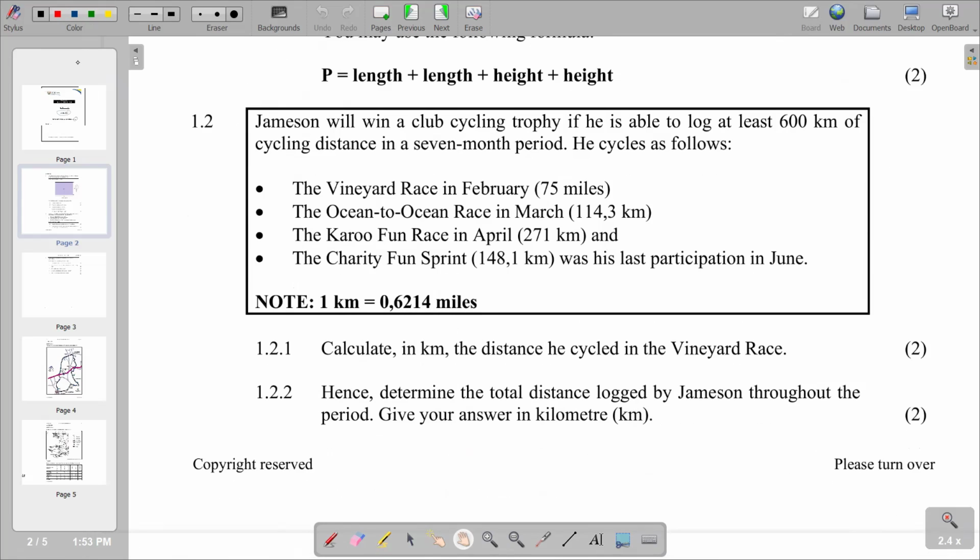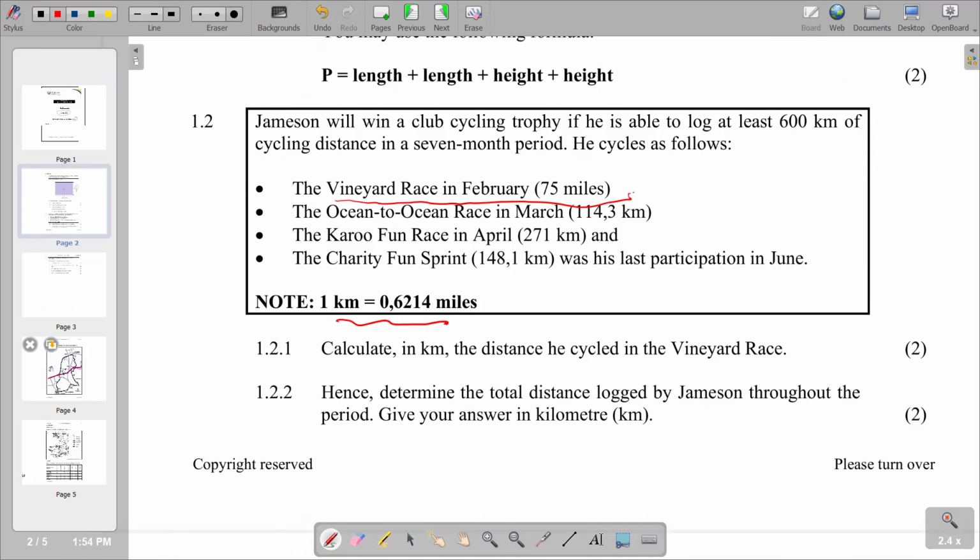So we can take note of that conversion when we are answering the question. 1.2.1: calculate in kilometers the distance cycled in the vineyard race. The distance is given in miles, so obviously we have to convert it to kilometers using this rate, which is 1 kilometer is equal to 0.6214 miles.